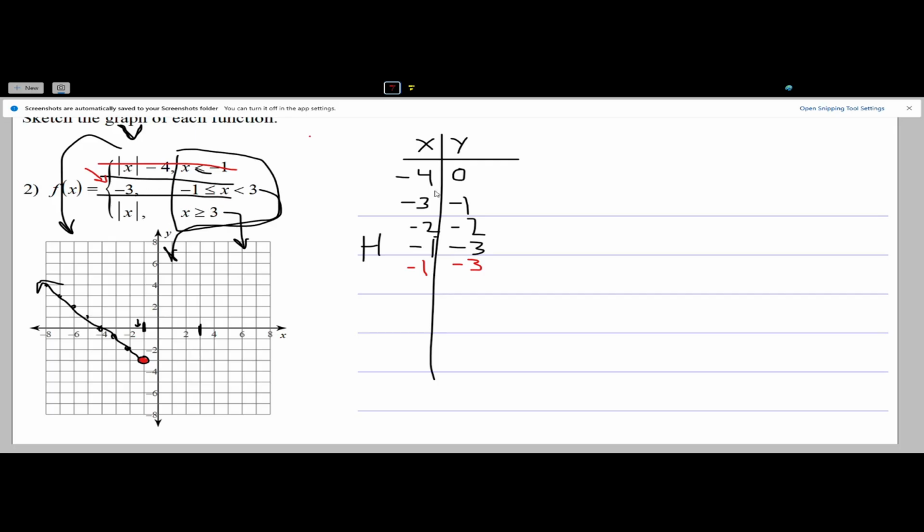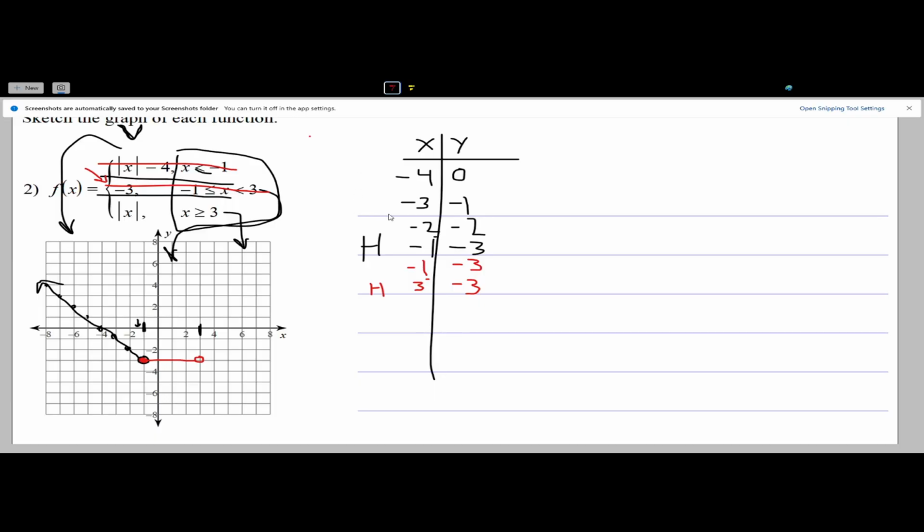And if you notice, it's always going to be 3 going all the way across till we hit a hollow dot right here at +3. Matter of fact, if we put a +3 right there, and we can put a hollow dot. And this is slightly smaller than 3 in this particular case. We're still going to be at -3 because it's never changing. This is just constant, so it just goes straight across. That's it for that one. That one is particularly easy, so we'll cross that one out.